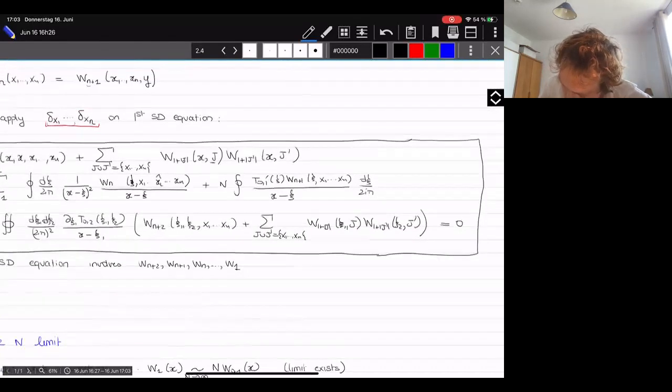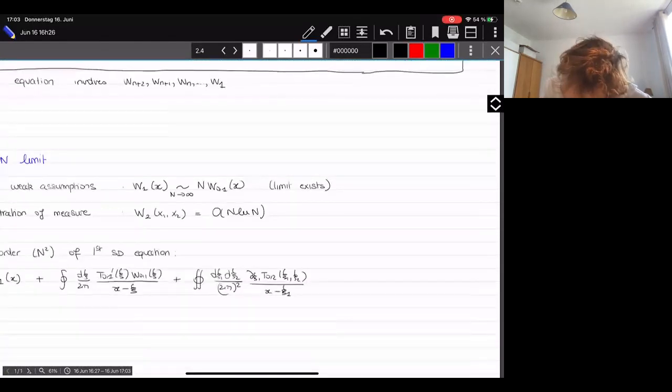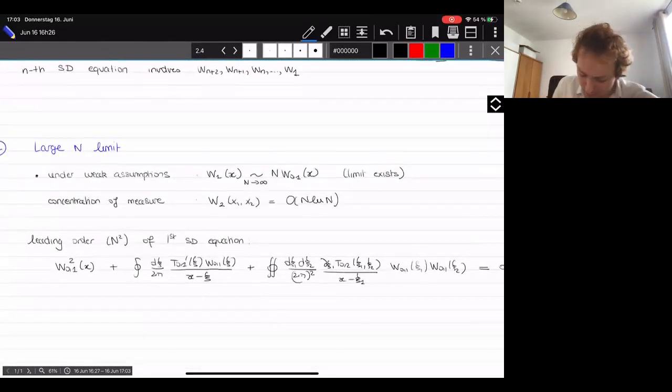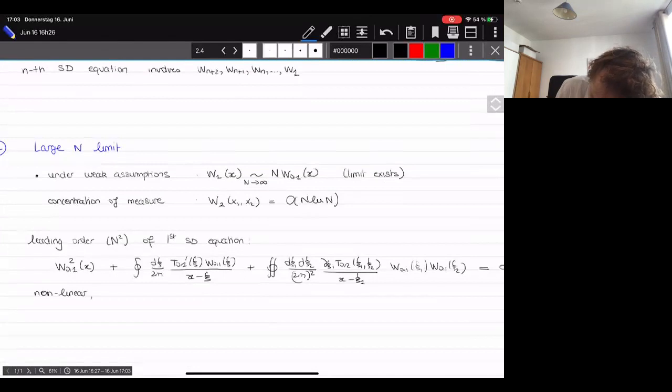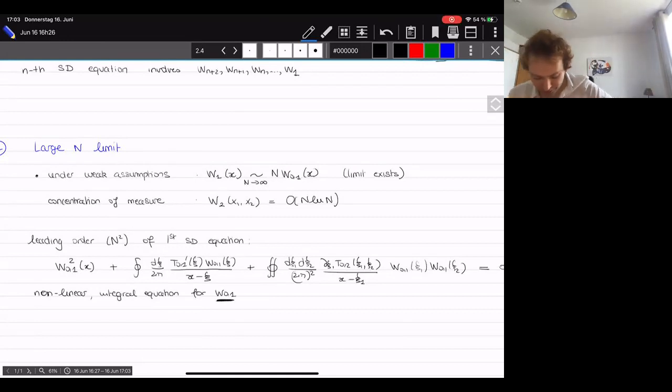And here there was a W_2, but again, it's negligible compared to the N squared scale. So you get W_1^0 of xi_1, W_1^0 of xi_2. It still looks complicated, so it's a nonlinear integral equation, but only for W_1^0. So it's better. We just have one unknown to solve for.